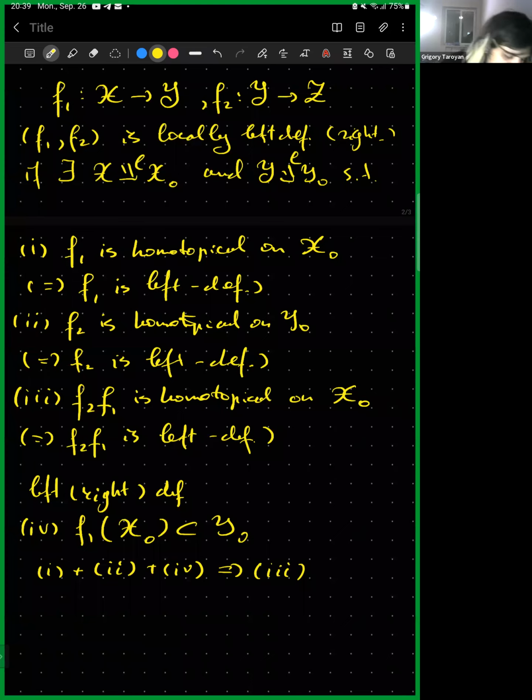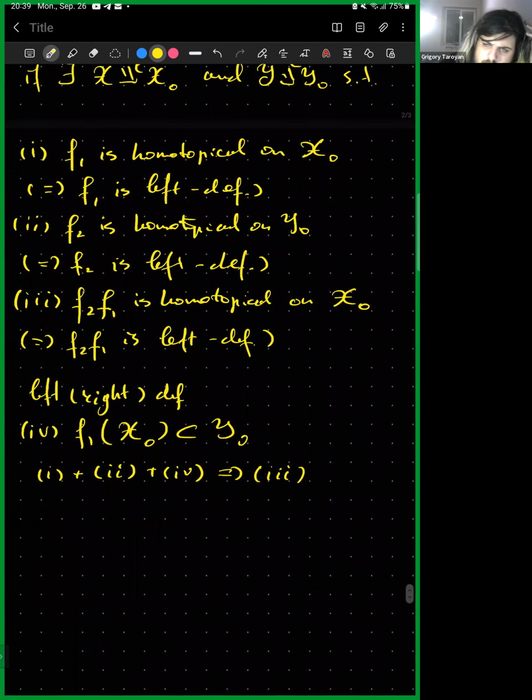And another way to state left deformability or right deformability is using these deformations explicitly.